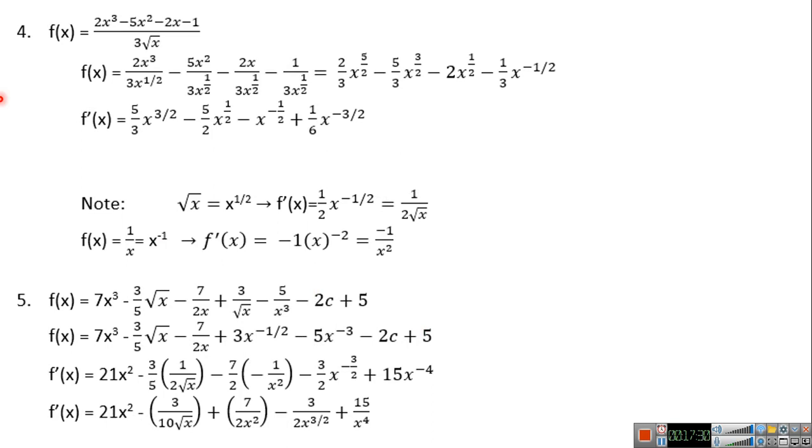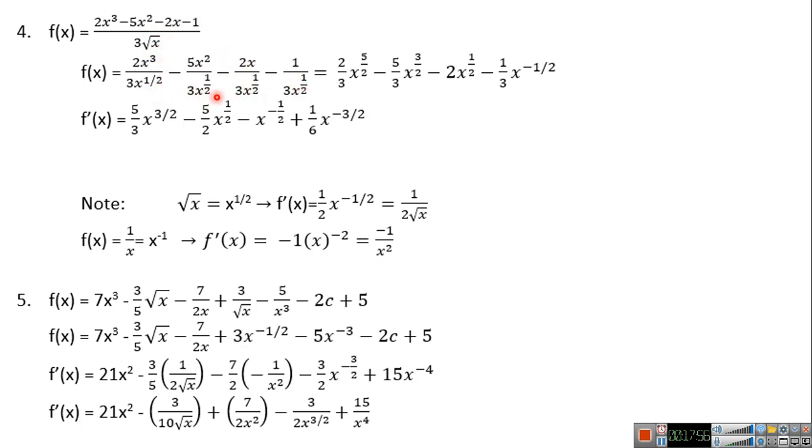If you have it like this, till now I have only one formula, which is ax^n. ax is a part of ax^n. The derivative of the constant is 0. So what do we do? First of all, we split. So we do 2x cubed over 3 radical x minus 5x squared over 3 radical x minus 2x over 3 x power half minus 1 over 3 x power half, since radical x is x power half.